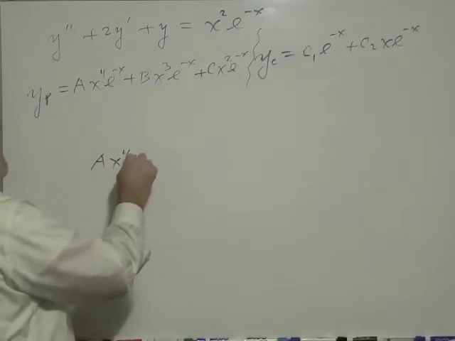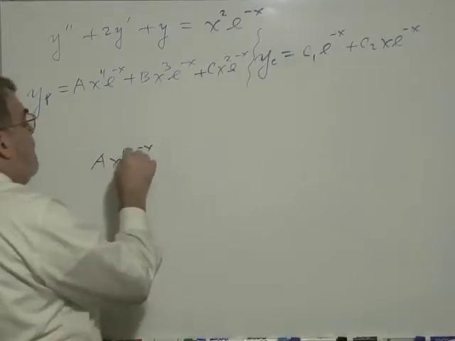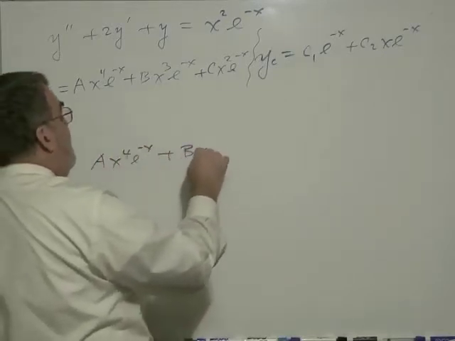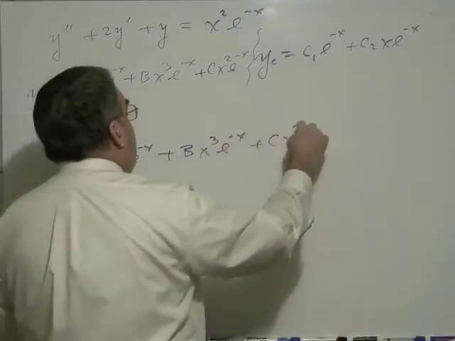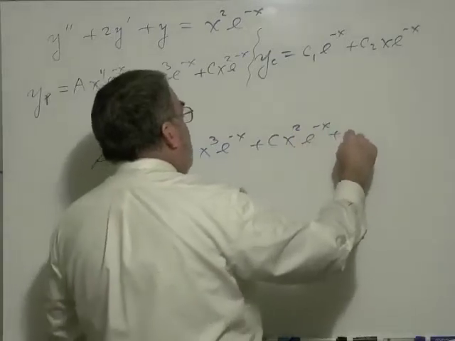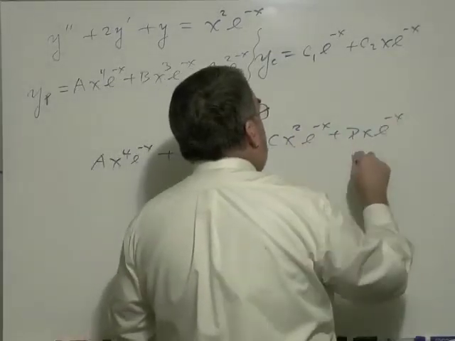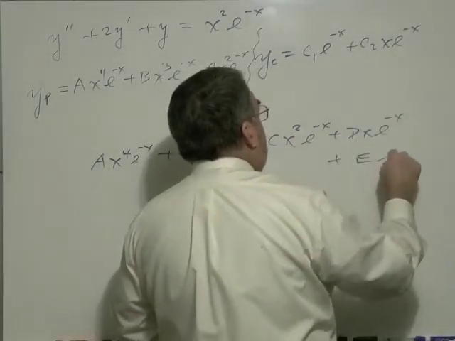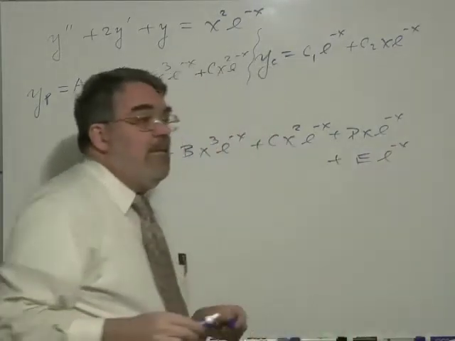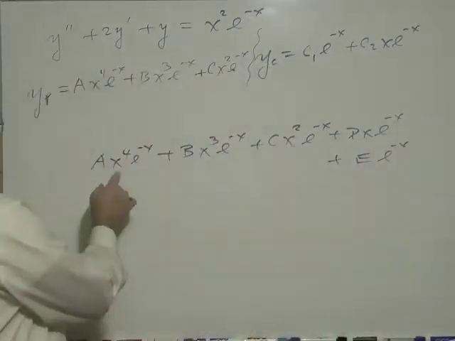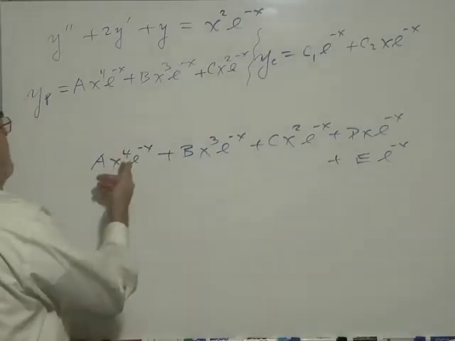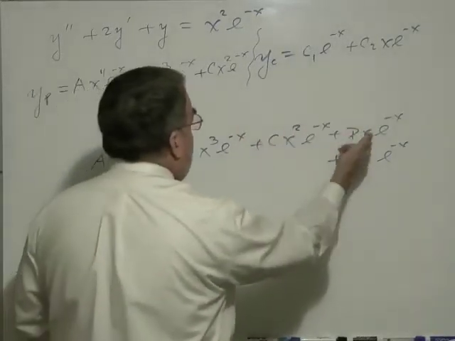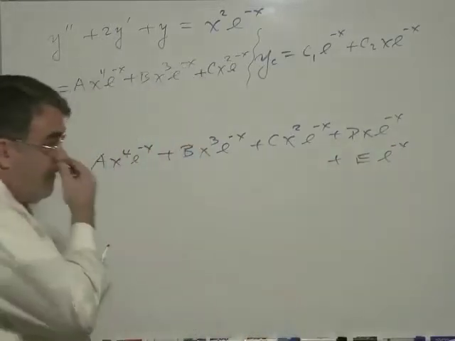you'll end up with those terms. You'll end up with x cubed terms and x squared terms and x terms and constant terms, all times e to the minus x. In other words, a 4th degree polynomial would include an x to the 4th, an x cubed, an x squared, an x, and a constant term.